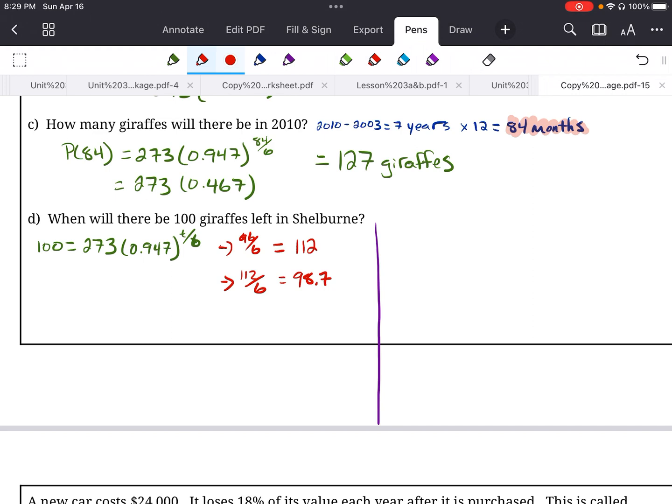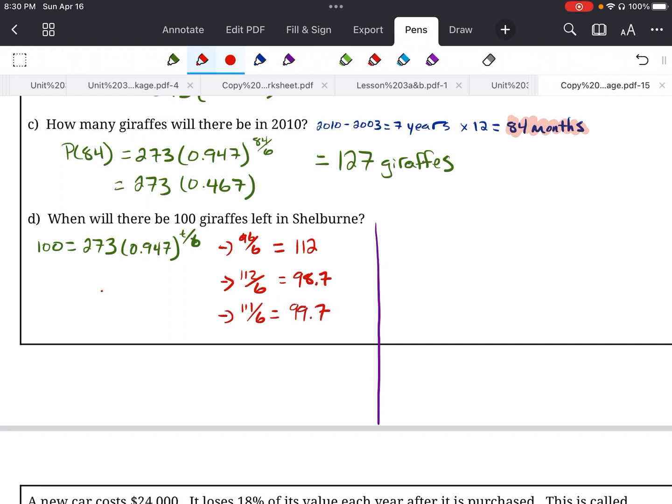Okay, it's a little bit too much for our t. So we'll try one more at 111 over 6. So we do 0.947 to the power 111 divided by 6, which is 18.5, times 273 is 99.7.